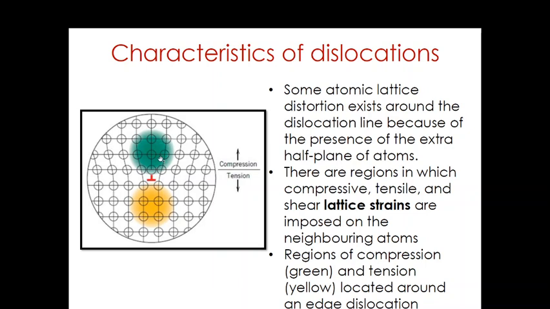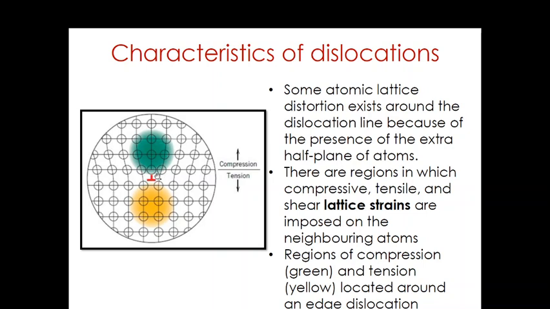Consider the edge dislocation which is shown in this particular figure. As already mentioned, some atomic lattice distortion exists around the dislocation line because of the presence of the extra half plane of atoms. As a consequence, there are regions in which compression, tensile and shear lattice strains are imposed on the neighboring atoms.